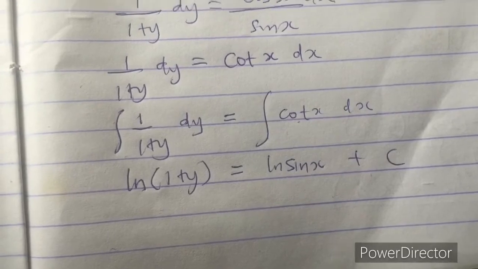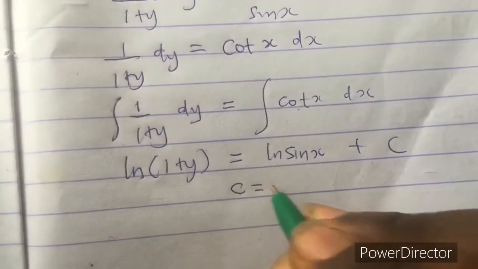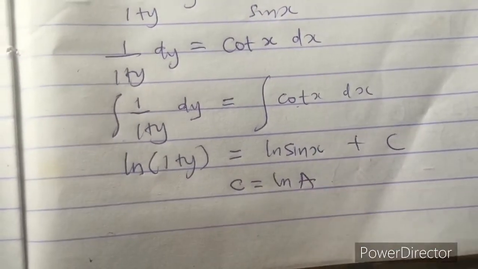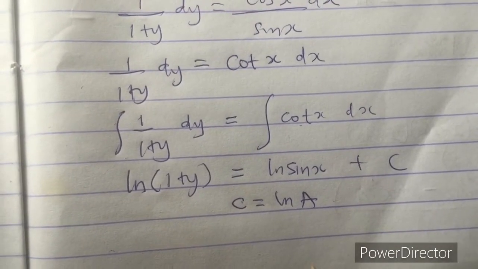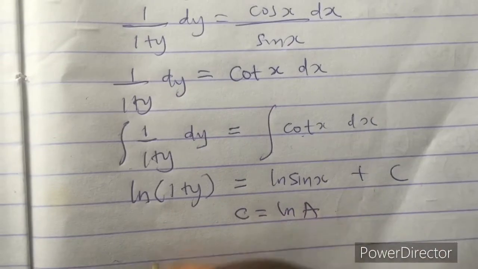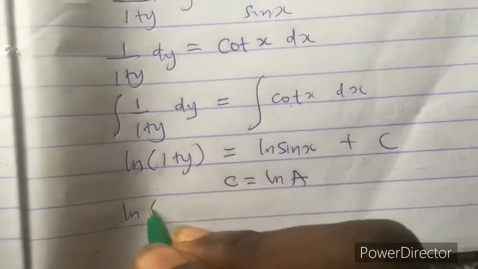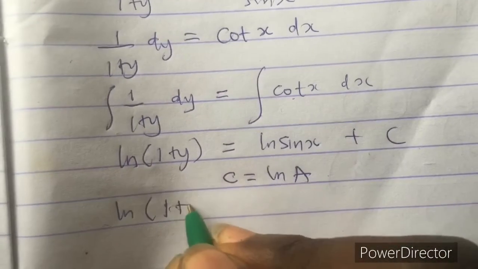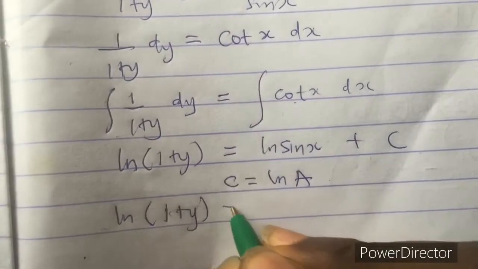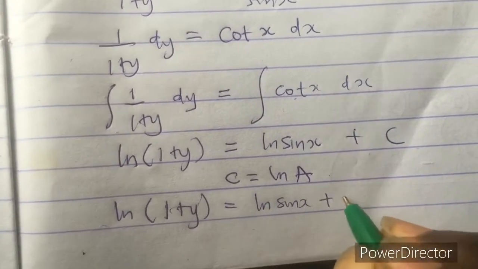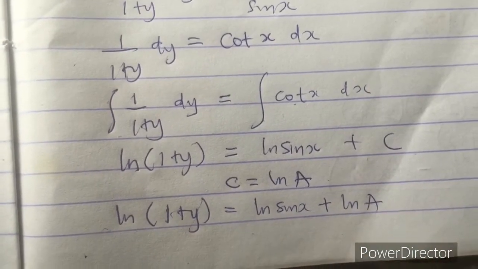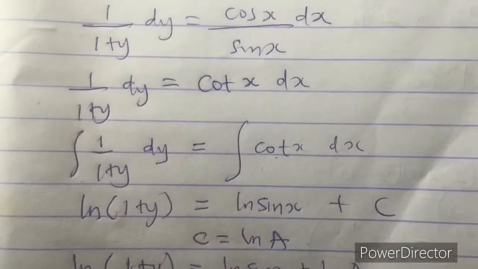So from there, let us say that our c is equal to ln a. Once c is equal to ln a, we input it in this equation. That will be ln of 1 plus y equals ln sine x plus ln a.